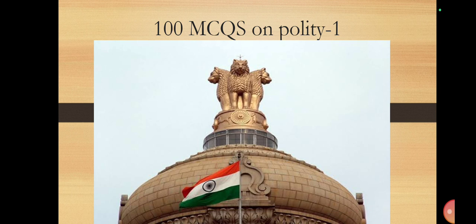Central Vigilance Commission. It is aimed at preventing corruption and was established by executive resolution of the Union Government in 1964. The Santhanam Committee on Prevention of Corruption recommended its formation.